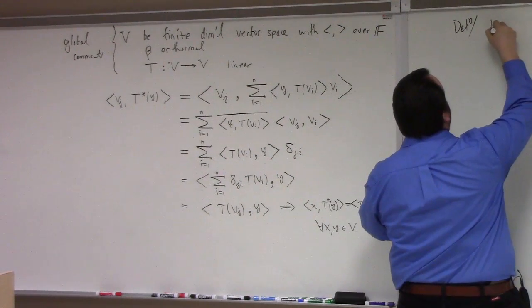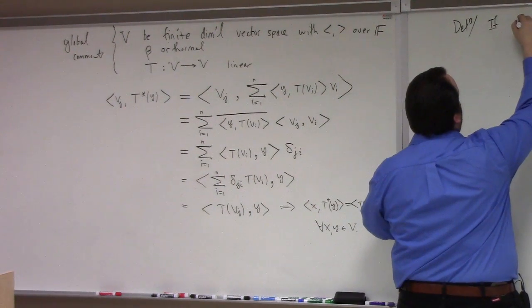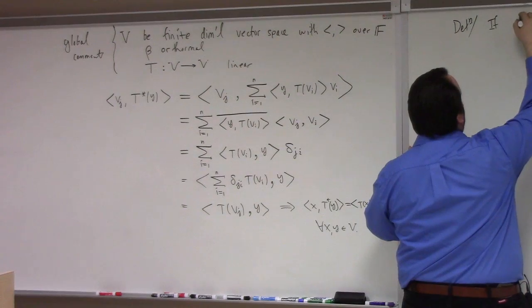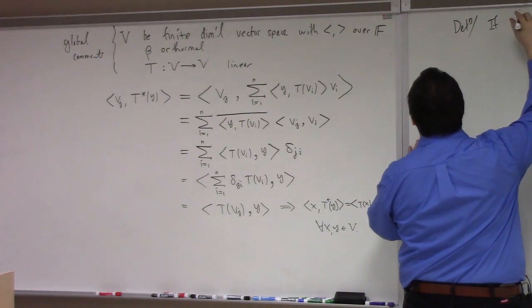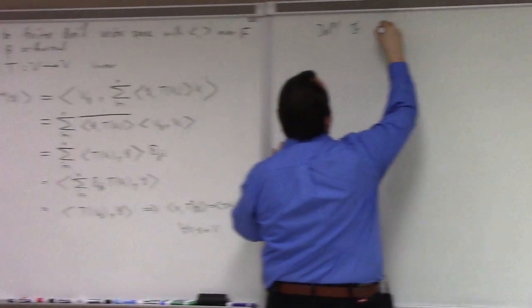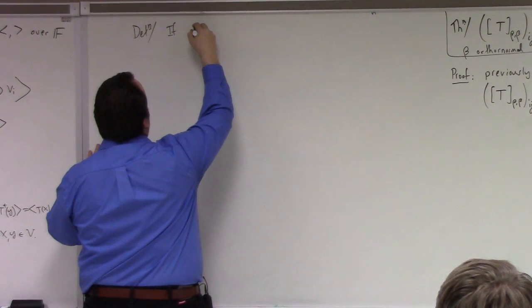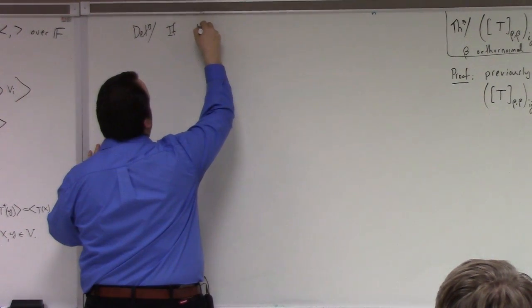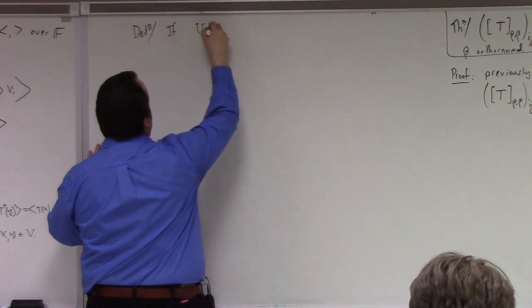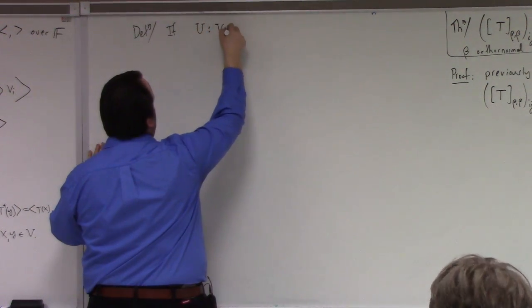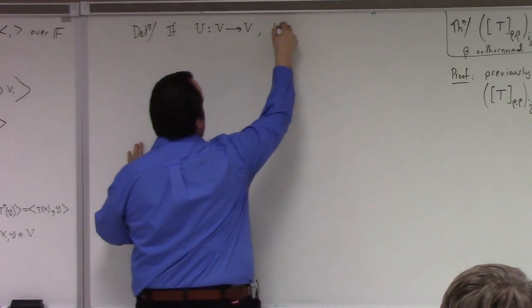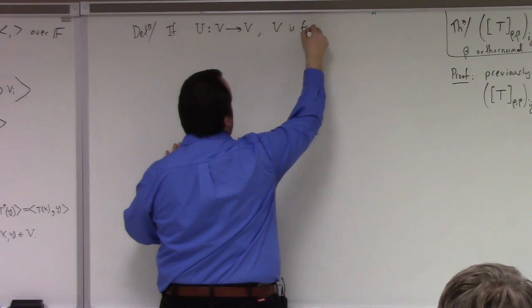If we have, let's say, I don't want to use T, let's say, no, I'll say U is a linear transformation from V to V, where V is a finite dimensional inner product space.